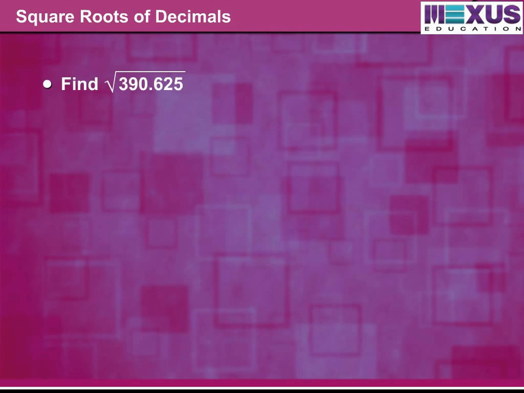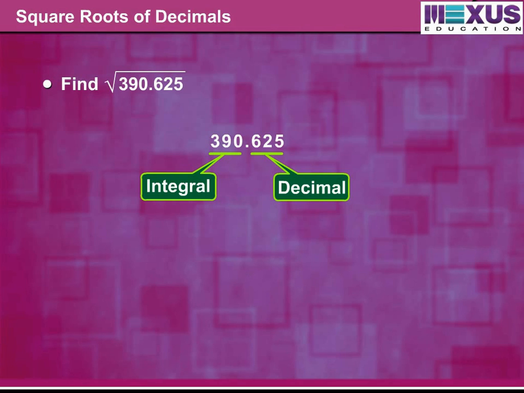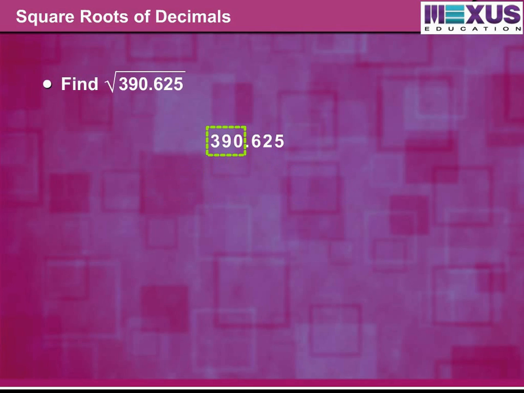Consider a larger number, 390.625. We put bars on both the integral part 390 and the decimal part 625. Remember that for 390, we start from the units place, close to the decimal, and move towards the left. The first bar is over 90 and the second bar over 3.